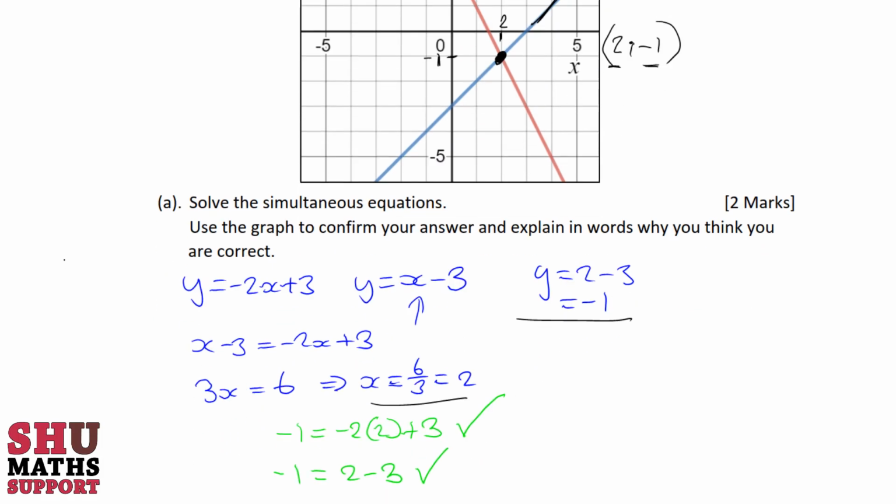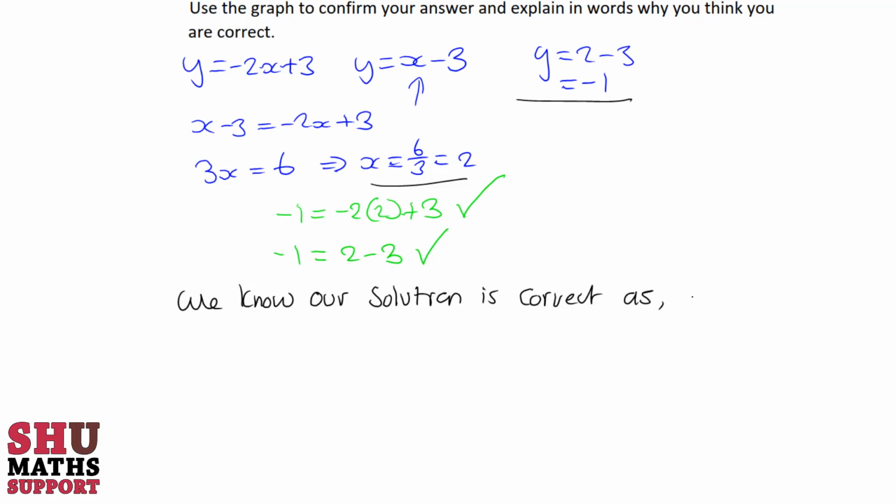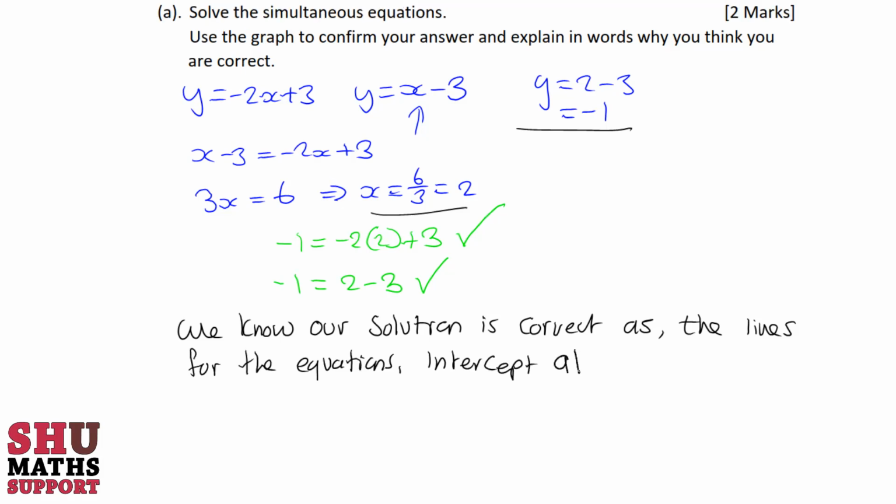So we'll just put down that we know our solution is correct as the lines of the equations intersect at x is equal to 2 and y is equal to minus 1.